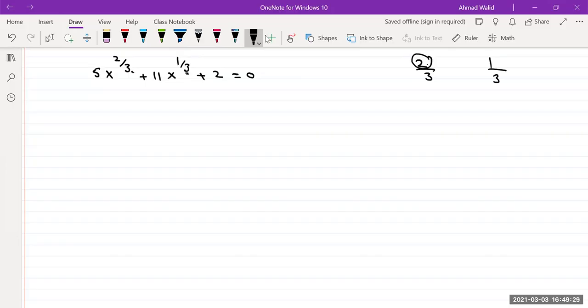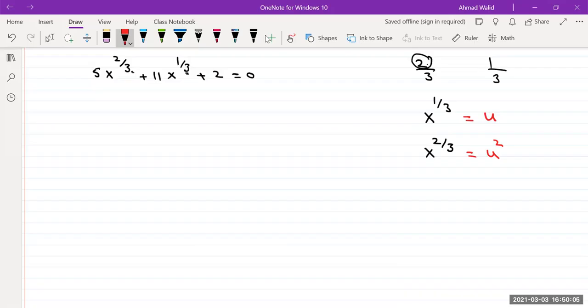Now, what I do, I'll name my x to the power of 1/3 u, and I'll name x to the power of 2/3 u squared. That's it. This is the main part that you have to focus on, how to name them. The lowest exponent, the lower exponent, is u, and the one that's the double is u squared, correct?